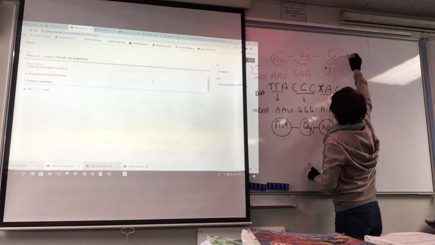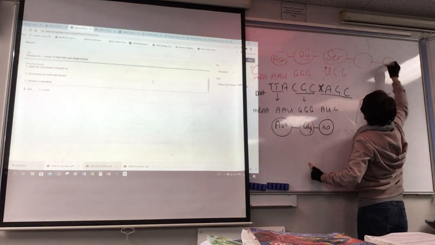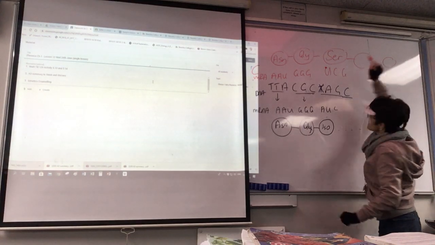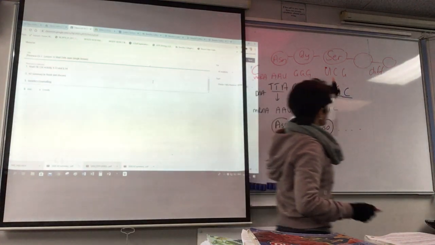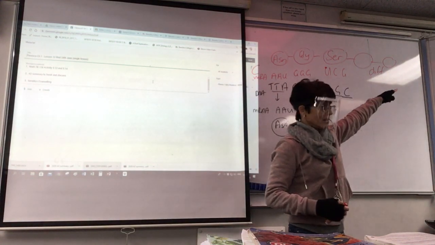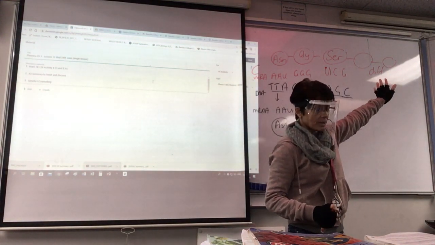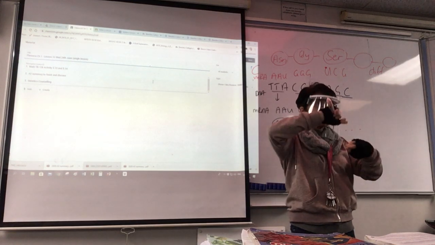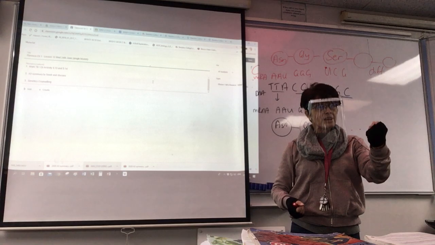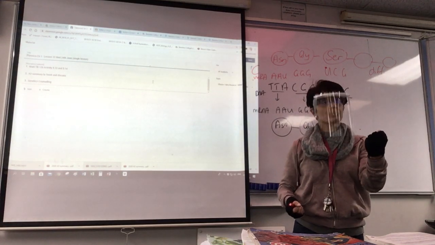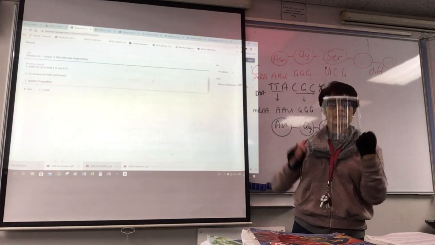Can you see now that every amino acid thereafter is different? So deletions and insertions are going to cause a major change to the protein. It's not going to work. With a substitution, if the same amino acid is still present, it might work. It will probably work at grade 12 level.